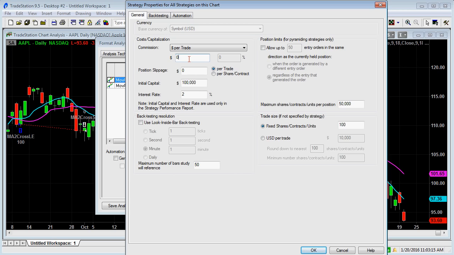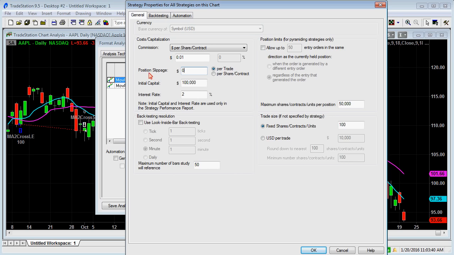If you know what your commissions are per trade, just specify them here under the dollar box. If you have commissions per share or contract, you put them in here. Let's assume that you are in a per share commission plan and you're being billed 1 penny per share. I put in my commission in there.